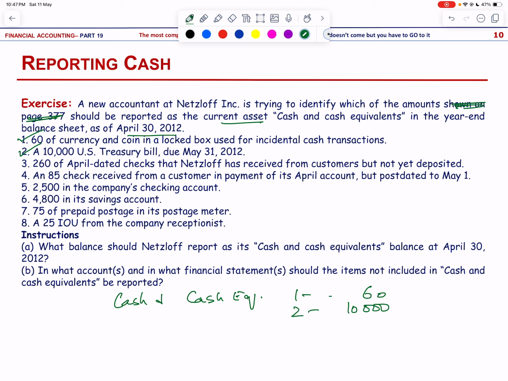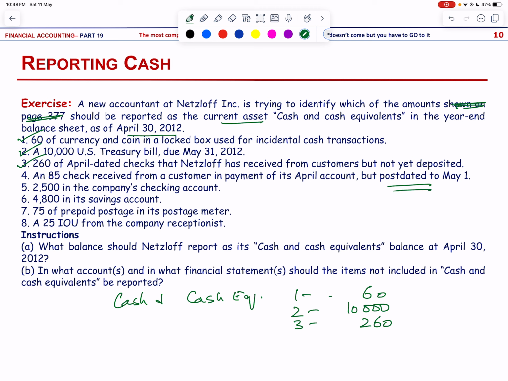Then number 3, 260 of April dated check that Netzlaff has received from customer but not yet deposited. So this is also cash and cash equivalent, 260. Then number 4, 85 check received from a customer in payment of its April account but post dated to May 1st.